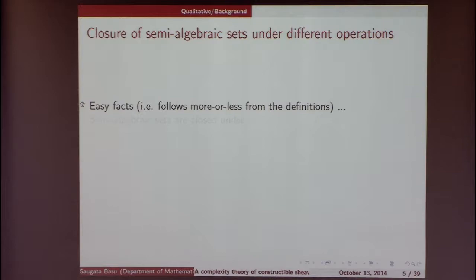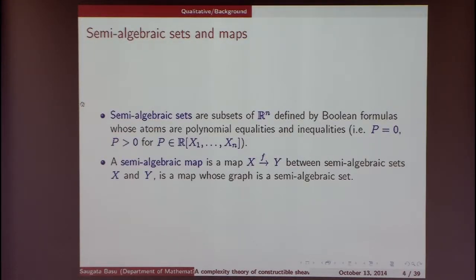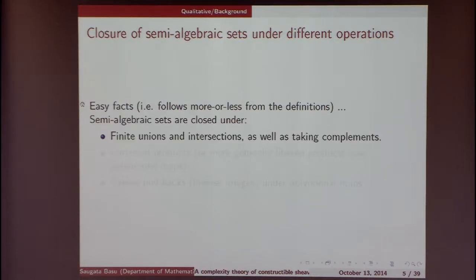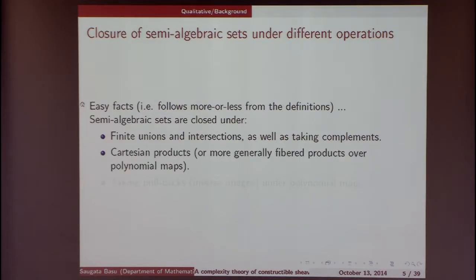Now, it follows just from staring at this definition that semi-algebraic sets are a robust category, because they are closed under various operations, like any kind of finite set-theoretic operations, unions, intersections, as well as taking complements, taking Cartesian products, or more generally fiber products over polynomial maps.